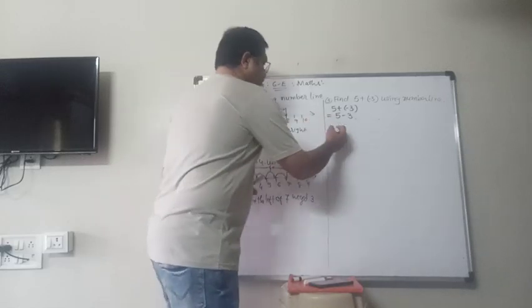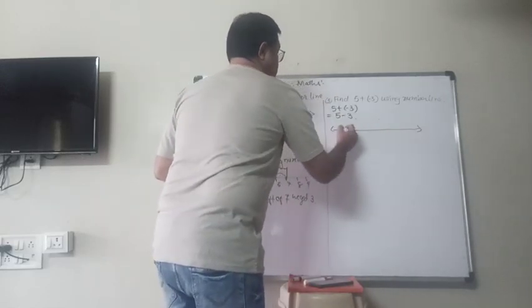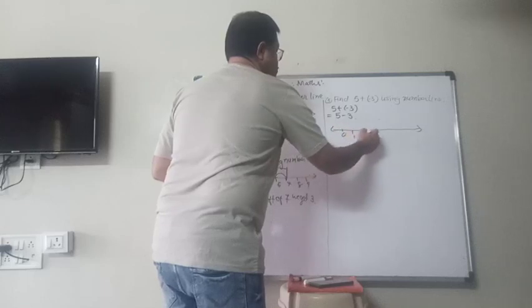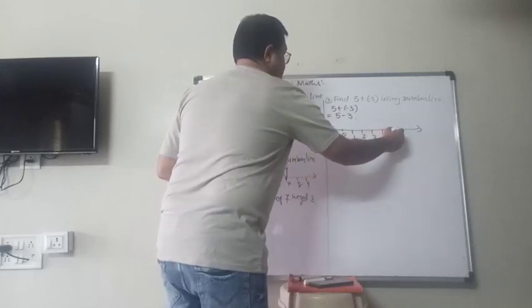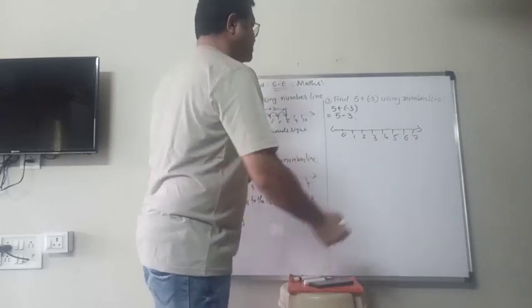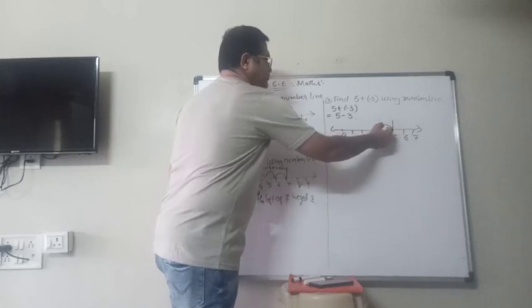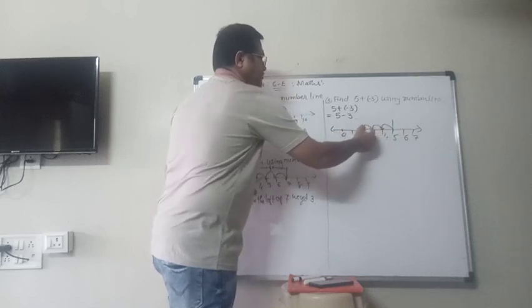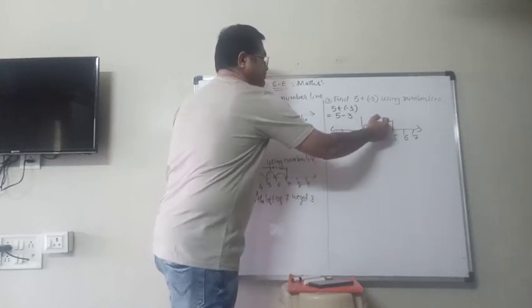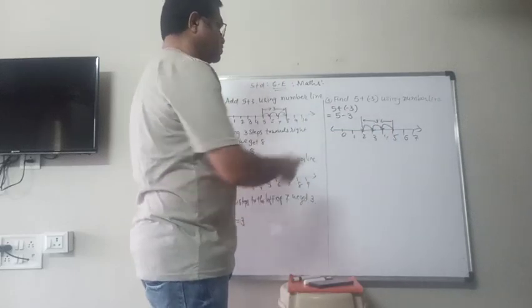So what will we do now? 0, 1, 2, 3, 4, 5, 6, 7. We have to start from 5. Move 3 steps, 1, 2 and 3. What did you get? 2.